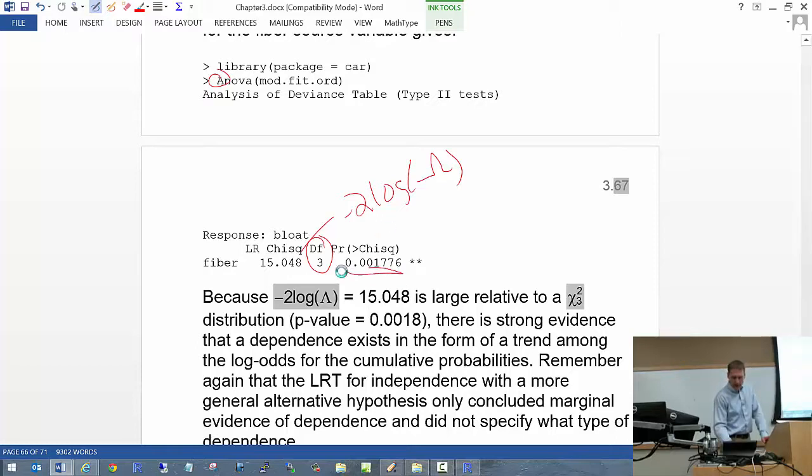And look at my p-value there, 0.001776. What this says is that there is strong evidence that there is dependence, where before we only had marginal evidence. That's the advantage of using this kind of a model in an ordinal response setting. Illustrated very nicely there, and that's why I use this example.